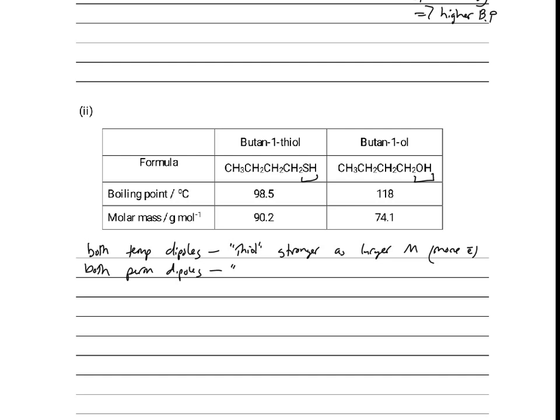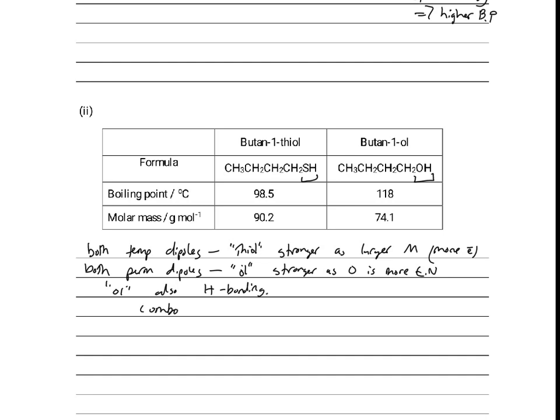But in this particular case, the butanol, so I'm just going to call it O with shorthand, is stronger, as O is more electronegative. Okay, so because O is more electronegative, that bond is going to be more polar, therefore the permanent dipoles are going to be stronger. The big thing that separates them is because butane-1-ol has a hydrogen bonded to an oxygen, it's also going to have hydrogen bonding.